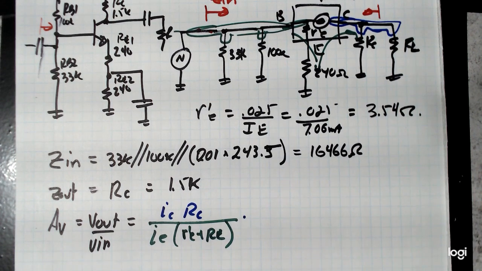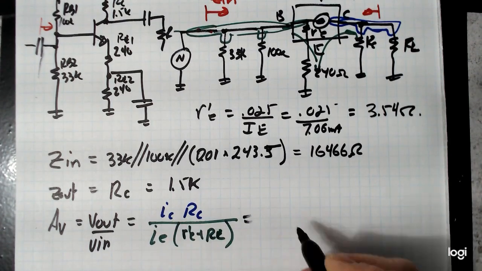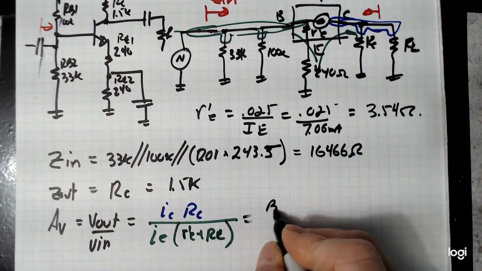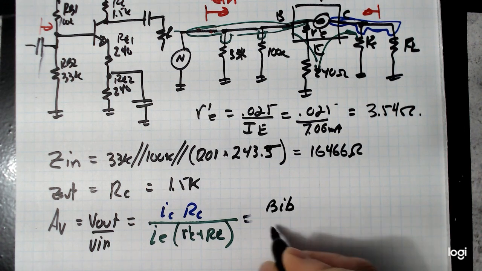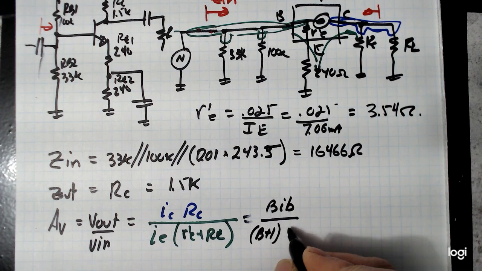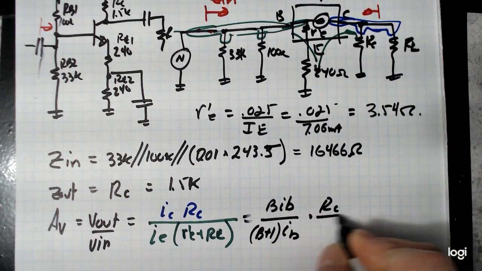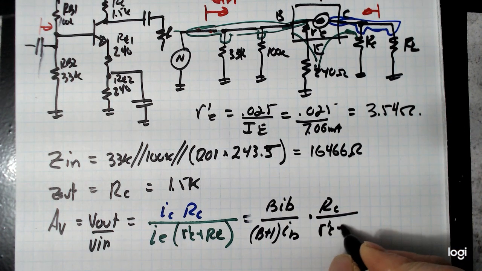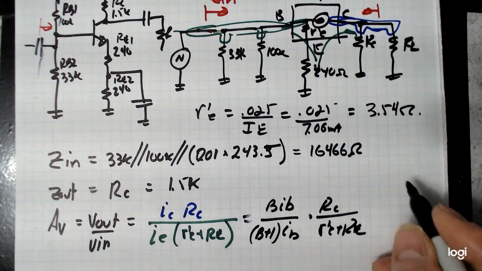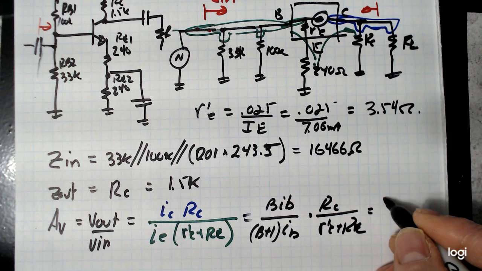We substitute in to get this into the same term. We substitute in beta IB and beta plus 1 IB times RC over R prime E plus RE, which is going to be 200.